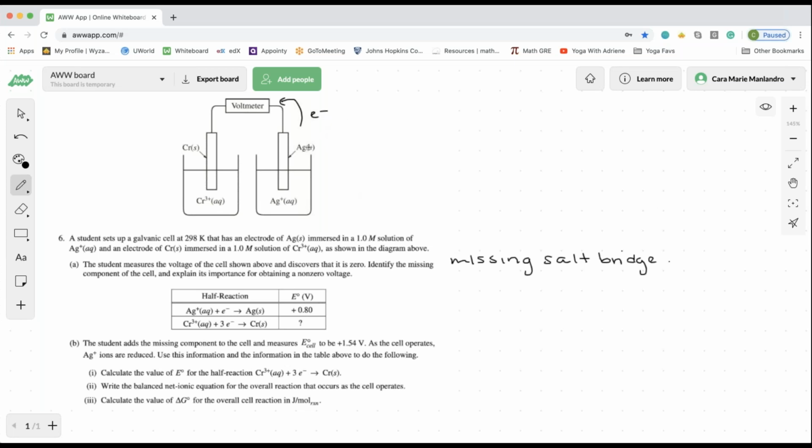Multiple electrons flow through, and then charge is going to build up on that cathode. So we have to add a salt bridge so that anions can flow back towards the anode.